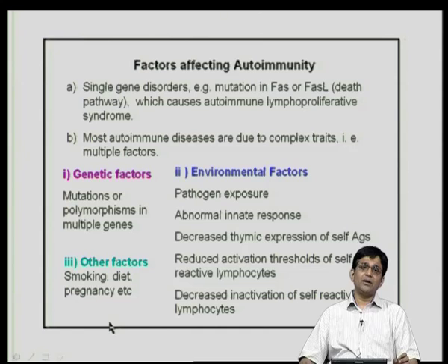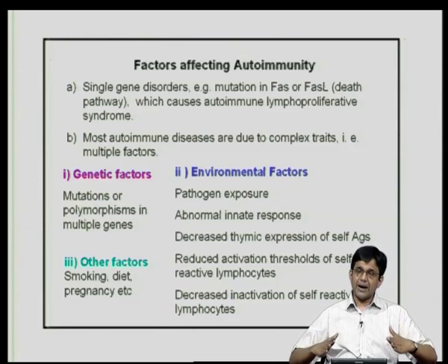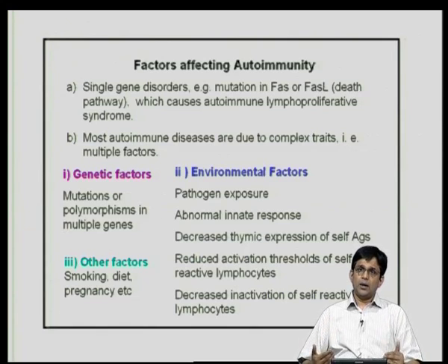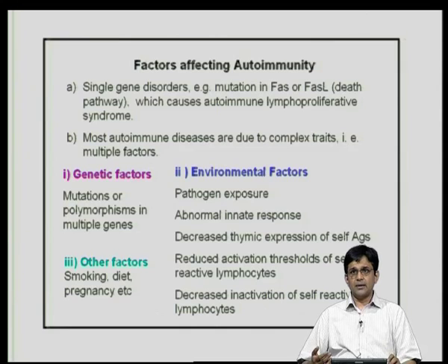You also have other factors, for example, smoking, diet, pregnancy. These also affect autoimmunity. What has been found is that during pregnancy there is some sort of suppression of autoimmunity features. So, that sort of helps. Perhaps that is accompanied by an overall response to other antigens going down. Remember, the fetus is also considered a sort of antigen.